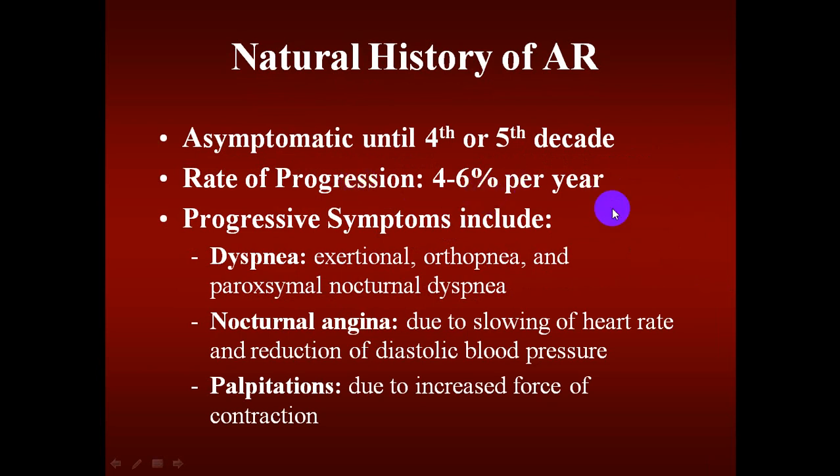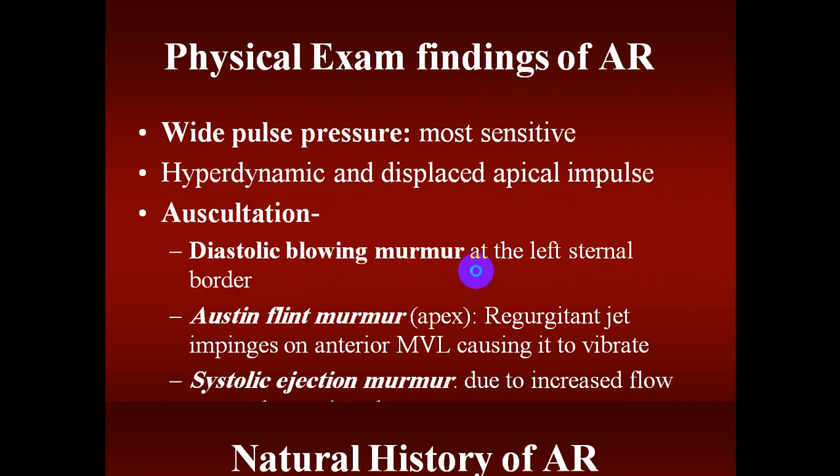Progressive symptoms include dyspnea on exertion, orthopnea, paroxysmal nocturnal dyspnea, and chest pain or palpitation. Nocturnal angina is due to slowing of the heart rate and reduction of diastolic pressure during the night, and palpitation is due to the increased force of contraction.